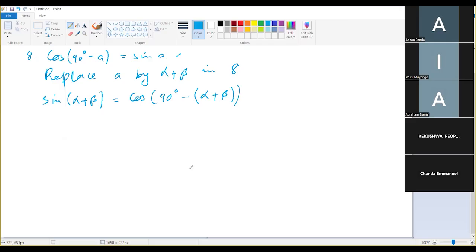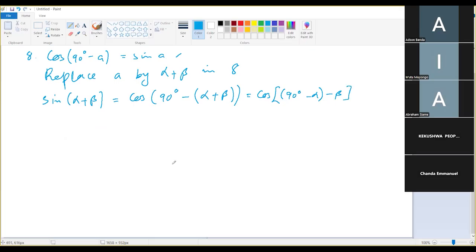So we just substitute there. And so what we get is the following. So in this case, let's rewrite this as follows. So you have the cosine of 90 degrees minus alpha, and then minus beta.